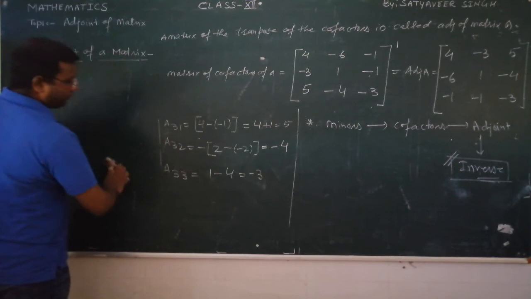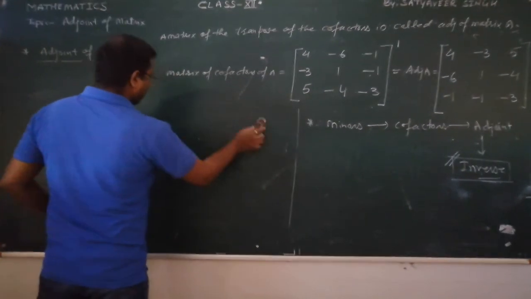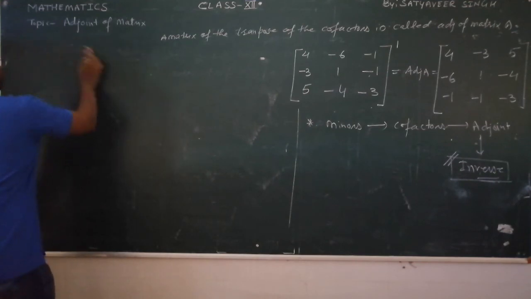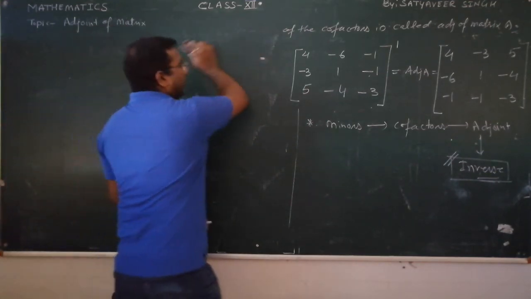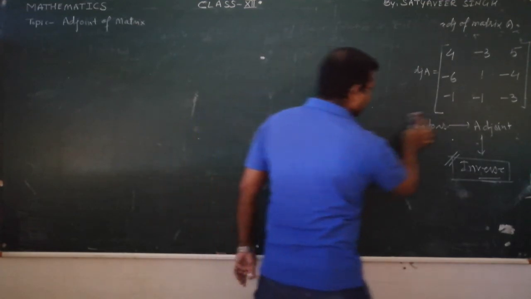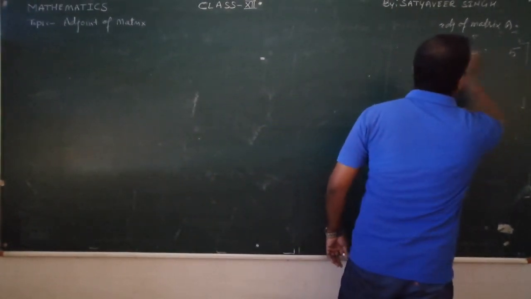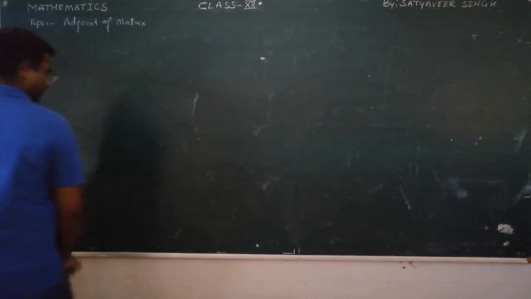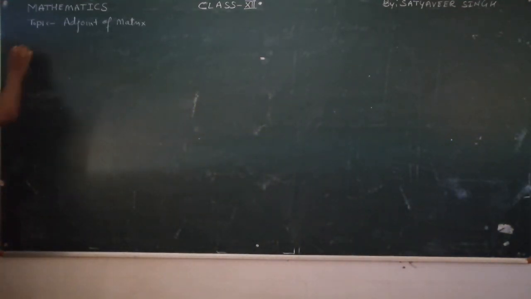See now in the sequence, adjoint is following some properties. These results are very, very important. You will have to keep these results in your mind. So I am writing here.